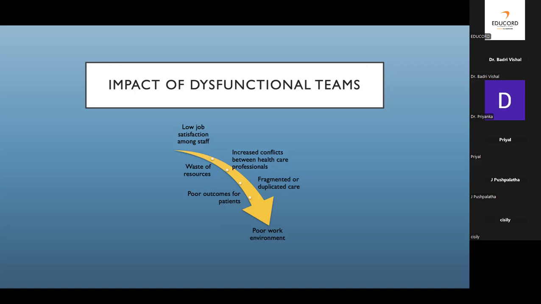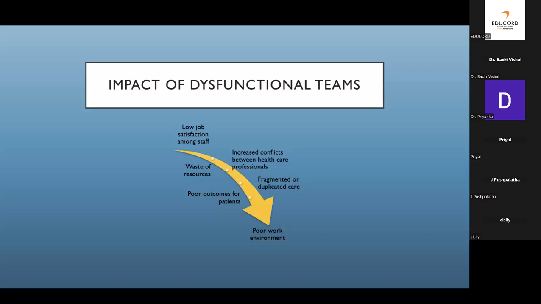We have invested 2 weeks onto that person or 3 weeks onto that person for that rehabilitation specialist course, and that person has left the job or left the course. So all the effort and all the resources were a waste of time. Okay, they have gone in vain. We are not getting any fruitful outcomes from this. So we need to understand what this dysfunction of the team is.